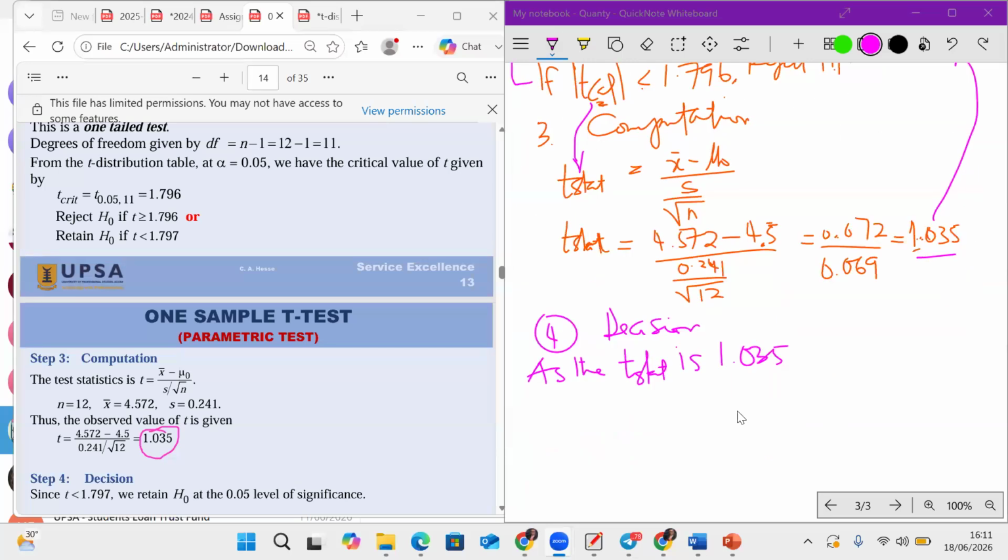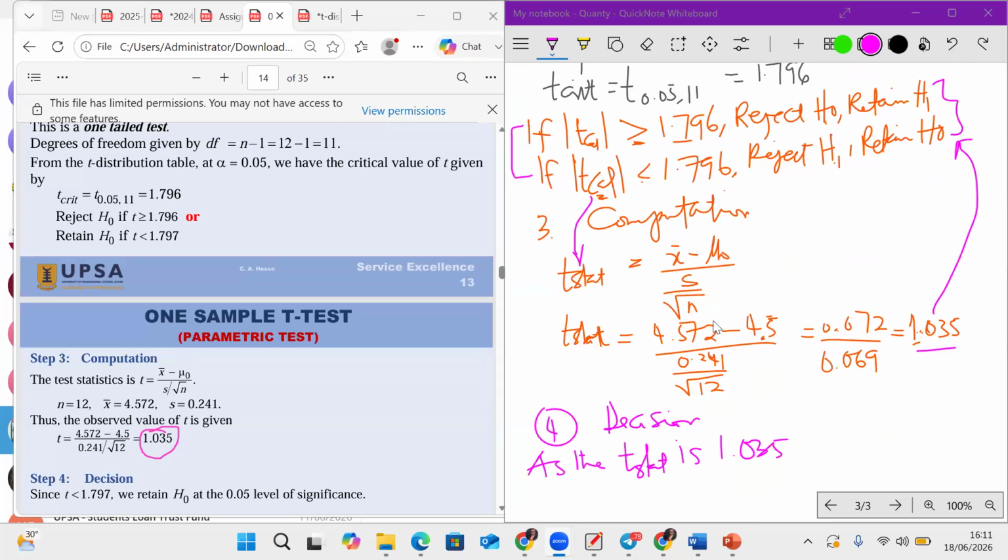Guys, are we okay? Yes, sir. So the two decision rules, which one? Just look at the T cal. What is our T cal value? This is it. That value, is it less or more than the 1.796? It's less than 1.796. So we'll say as the T start is 1.035, less than, I'm copying the second decision rule, less than 1.796, what do we do?